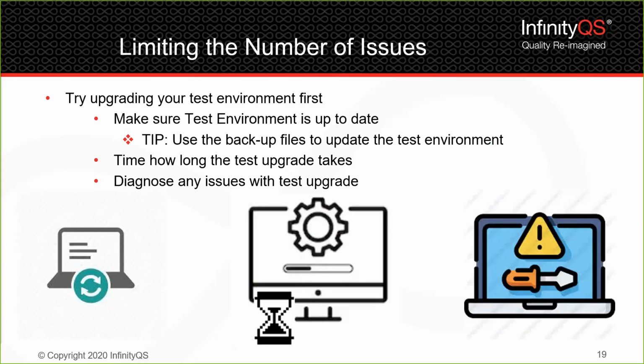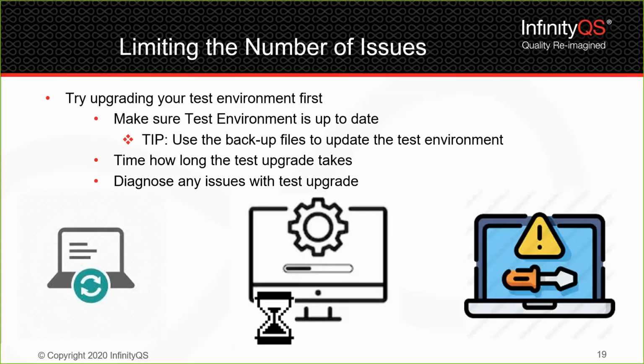And then lastly, going through the test upgrade on your test environment, especially if it's up to date, if you do see any errors, you will see errors similar to how it would be on the production system. So that's really one of the benefits here. If you diagnose it on your test system first and you encounter it in your production system, it should take you a lot less time to fix it, because you've already dealt with it in the past with your test upgrade.